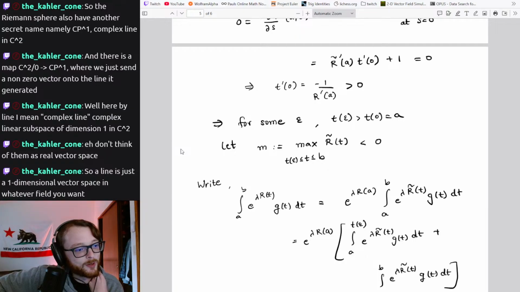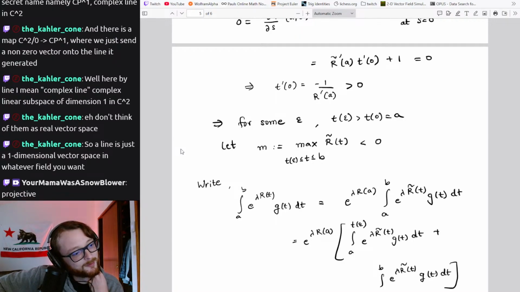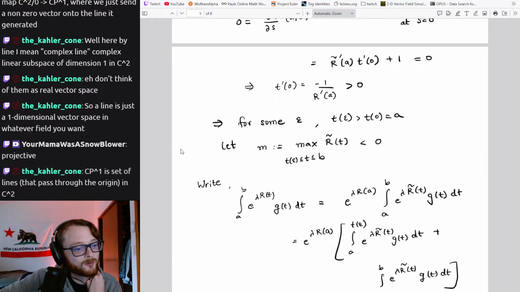Or wait, CP1 is the complex line in C2. That's what you said before. Projective. A line is just a one-dimensional vector space in whatever field you want. CP1 is the set of lines that pass through the origin in C2. Okay.